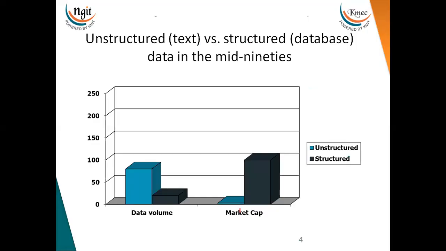So in the initial days, in the mid 90s, what was the case? Here I'm using two colors. The blue color represents unstructured data, and the dark color represents structured data. But see the importance of structured and unstructured data. Structured data has the highest importance, while unstructured data has the least importance.